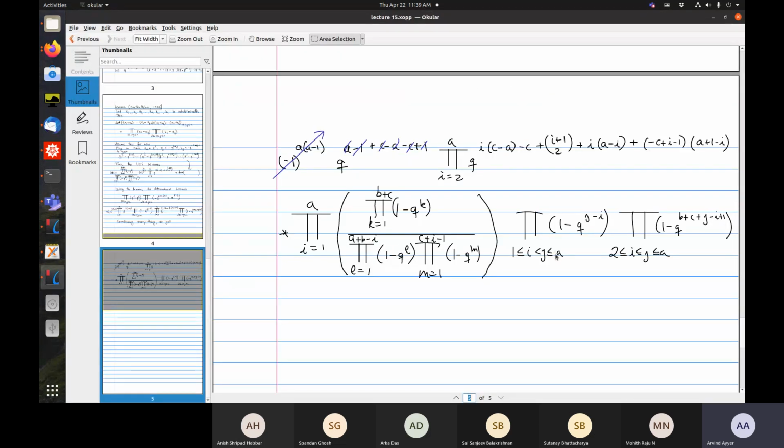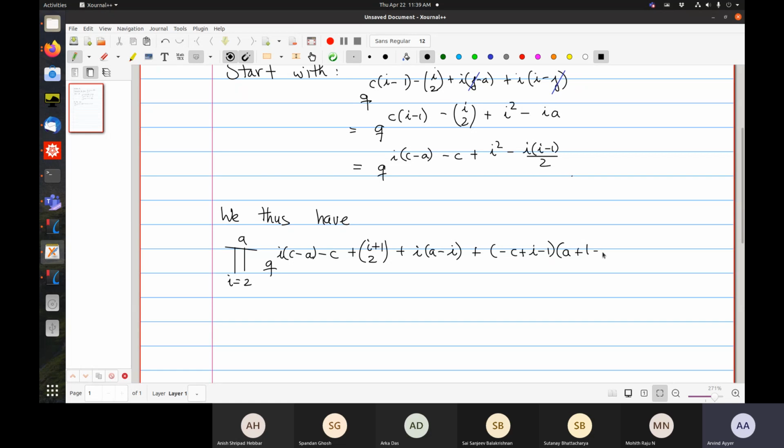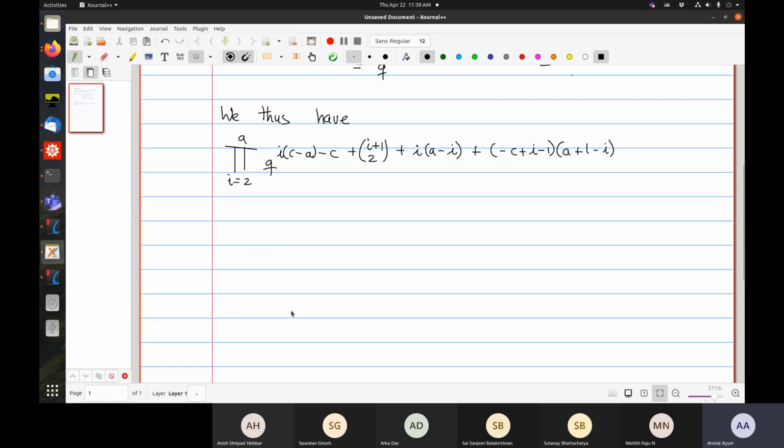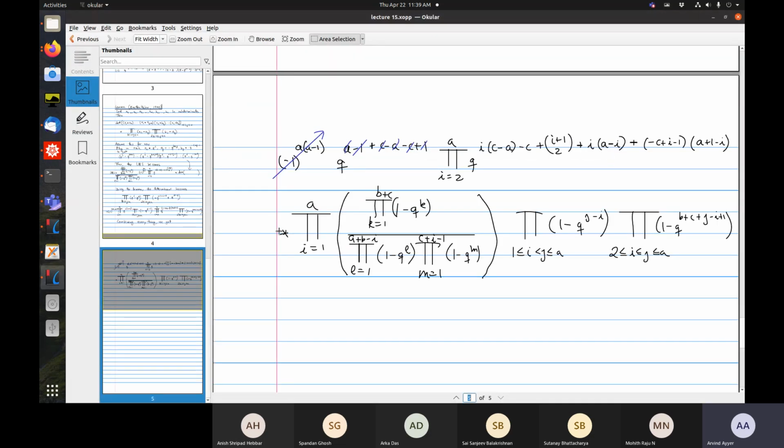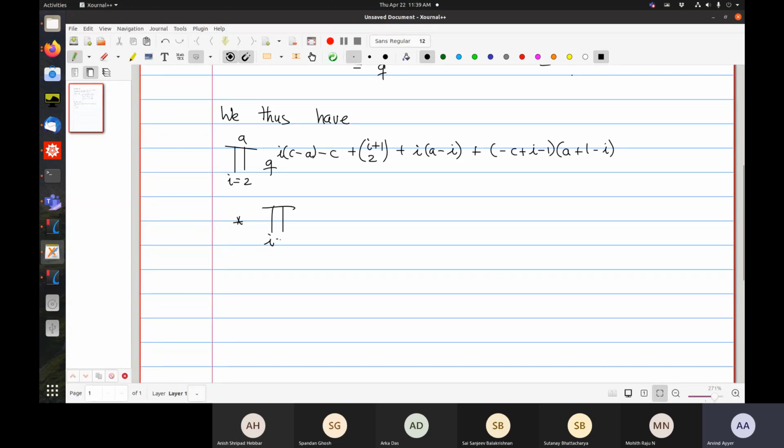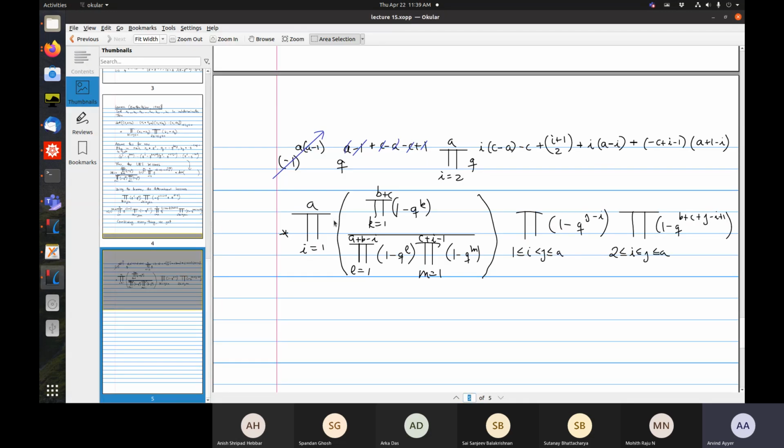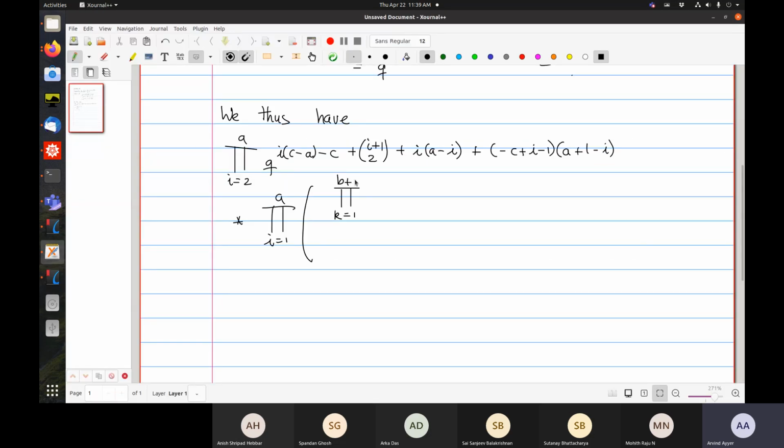Minus c plus i minus 1 times a plus 1 minus i, times this determinant, times this product, i equals 1 to a, product k equals 1 to b plus c, minus 2 by k, divided by product l equals 1 to a plus 2 minus i, minus 2 power l, product n equals 1 to c plus i minus 1, minus 2 to the n.